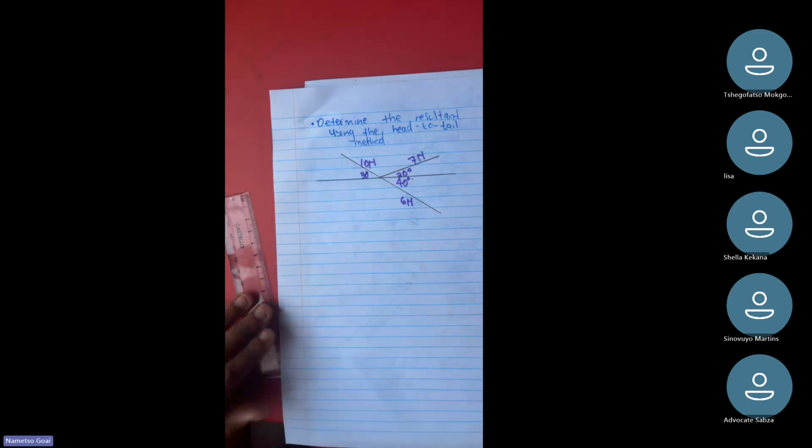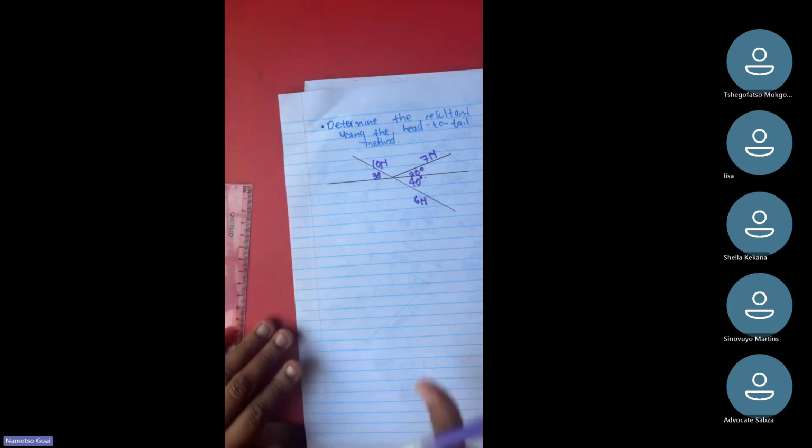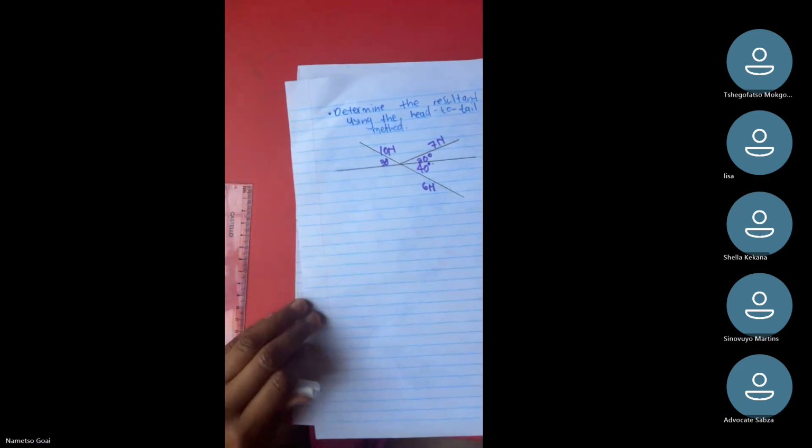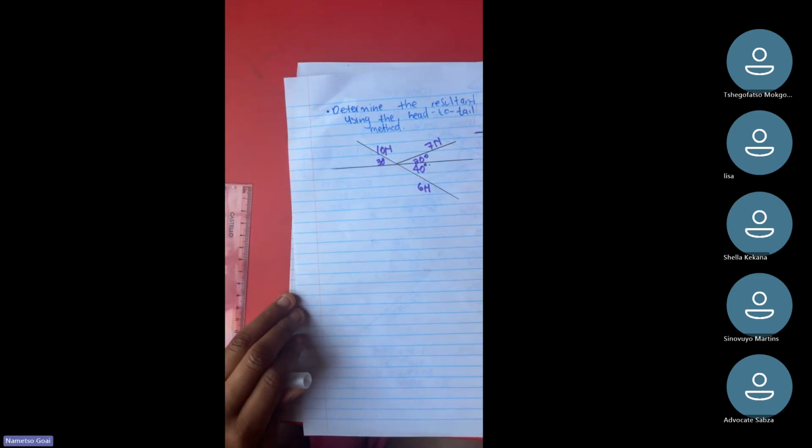So now let's look at all these forces and the direction in which they're acting. If this was a Cartesian plane, this one would be moving that way, this one that way, and this one that way.